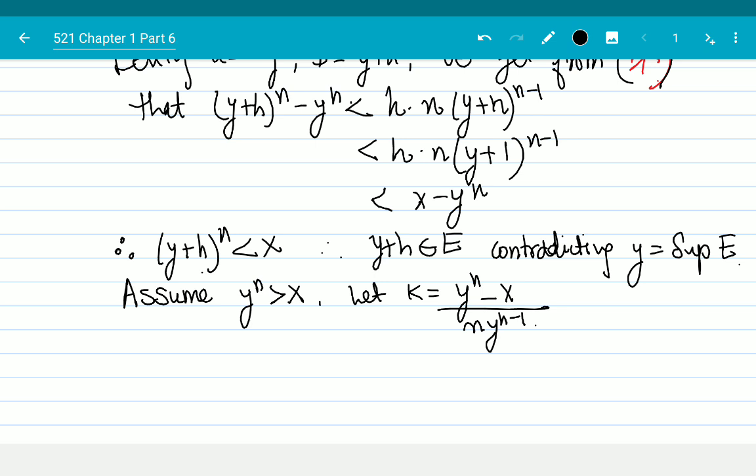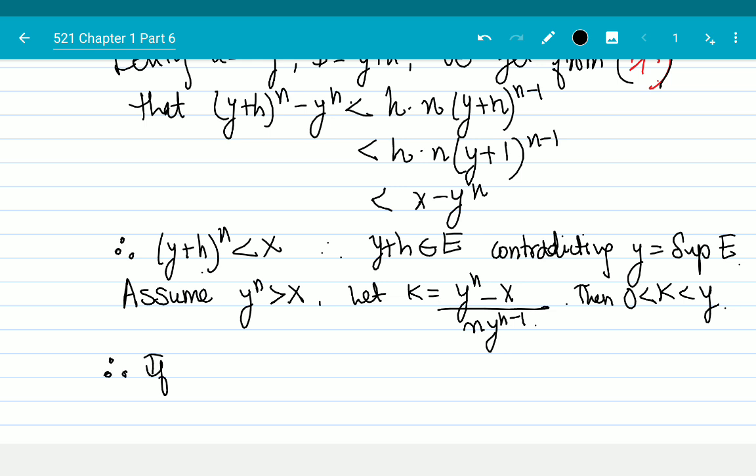But we can say that 0 is smaller than K smaller than Y. Because what is the total fraction? If you pull out the power of Y from top and bottom, you'll get Y to the N minus something over Y to the N minus 1 minus 1, so all of it is over Y. So the power of Y is just 1.